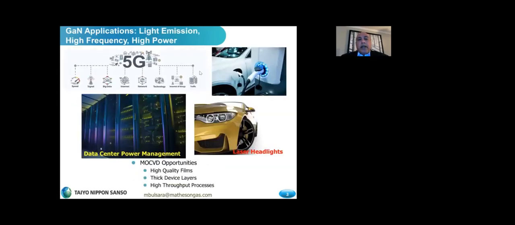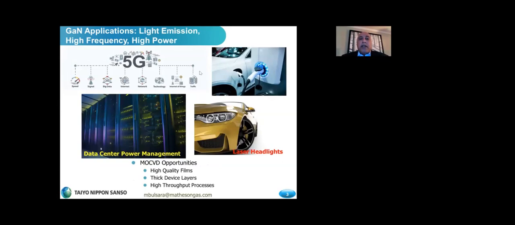Gallium nitride was first applied for blue and green LED applications, and since that time, it has gained importance for other applications as well. Gallium nitride will be used for high-frequency electronics in 5G communications networks.